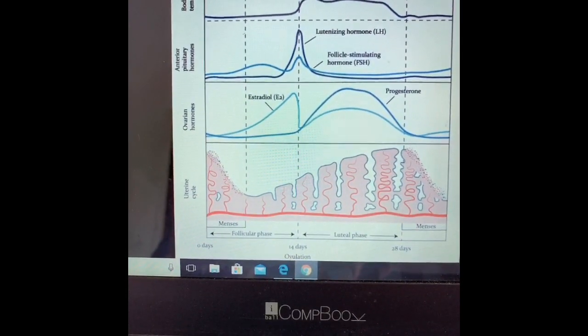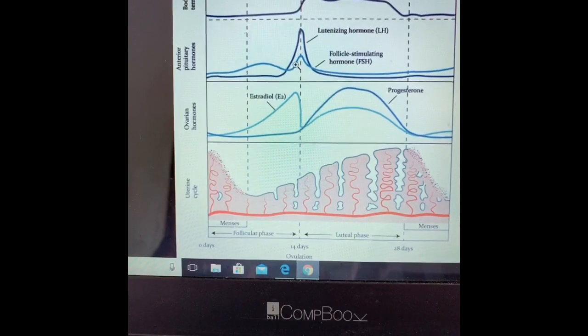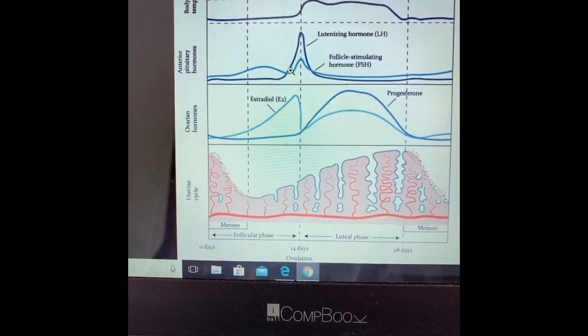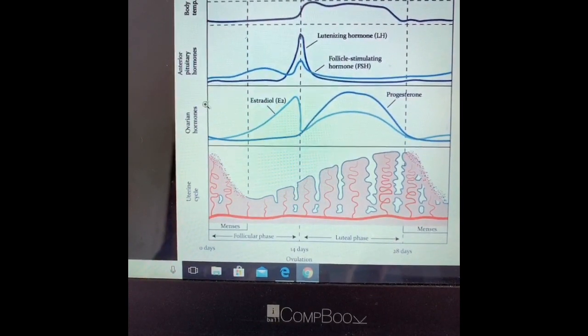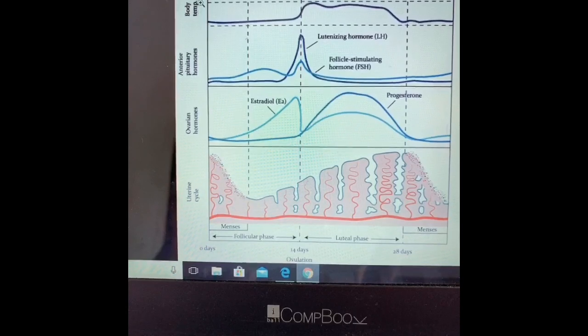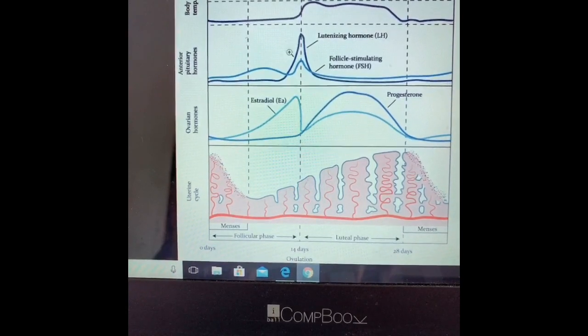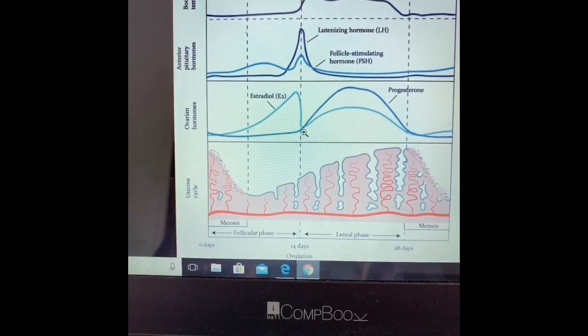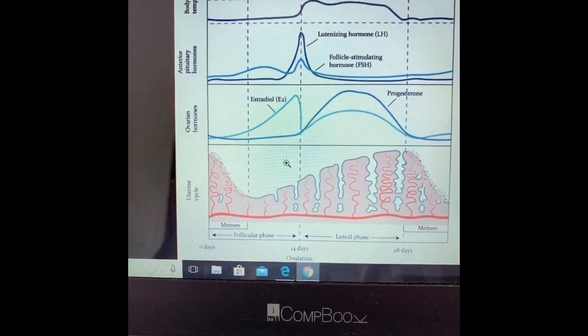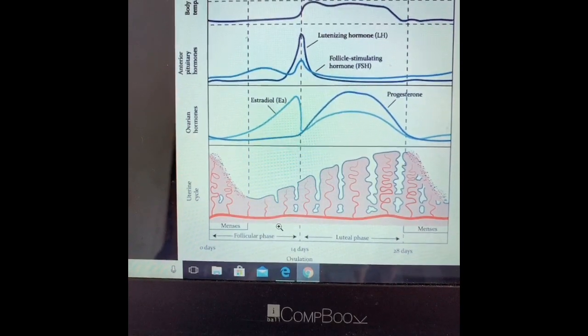This starts growing with the increase of LH and FSH until day 14, and they also secrete estrogen. So these are the ovarian hormones secreted by these growing follicles. On day 14, ovulation occurs. This primary phase is known as the follicular phase, where the follicle develops.